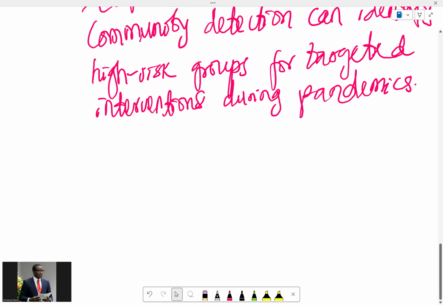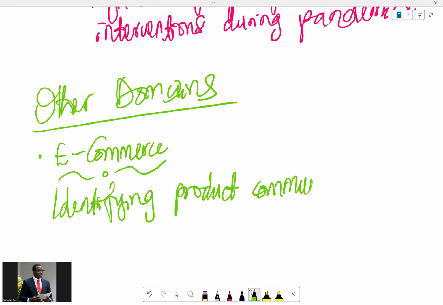For e-commerce, community detection can help in identifying product communities based on customer co-purchase patterns.